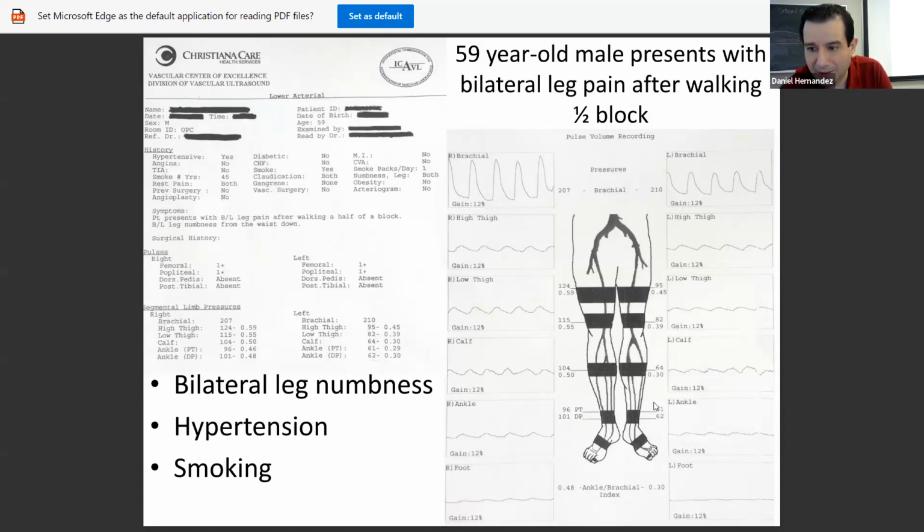Same thing on this side: you don't see any significant pressure drops greater than 30, but they're low across all segments. That means the disease, since it's bilateral, could be just the aorta or it could be both iliacs. We don't know, so we describe this as aortoiliac disease.